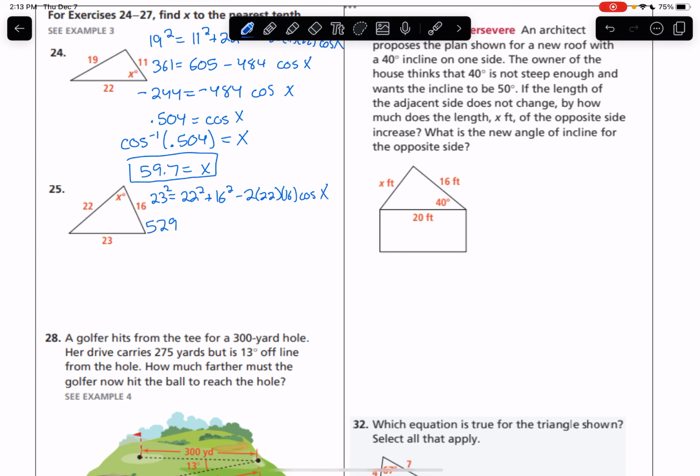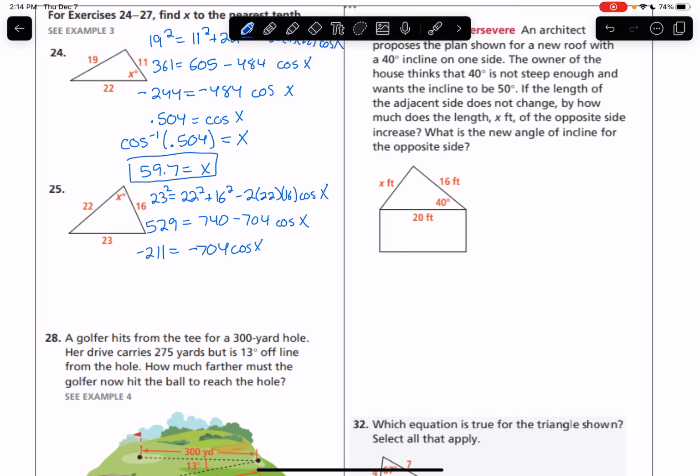So we've got 529 is equal to 16 squared plus 22 squared, which is 740, minus 2 times 22 times 16, which is 704, cosine of x. Then subtract 740 from each side. We get negative 211 is equal to negative 704 cosine of x.